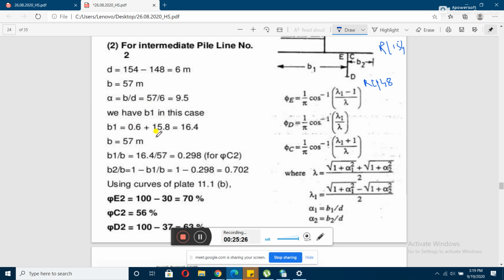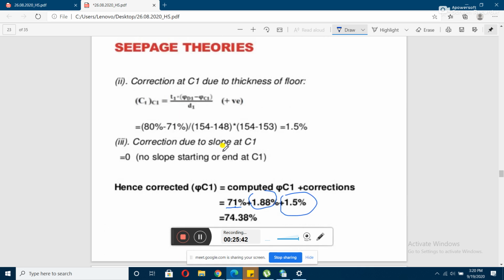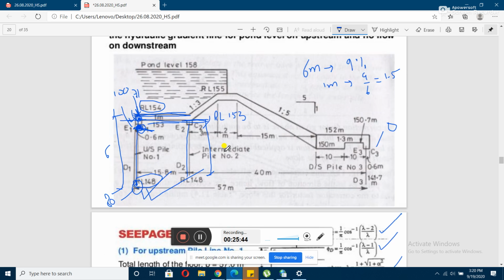So what is the value of B1? B1 is the distance of your intermediate pile from the upstream end of your floor. How can it be calculated?